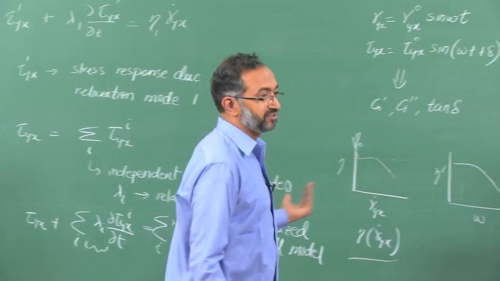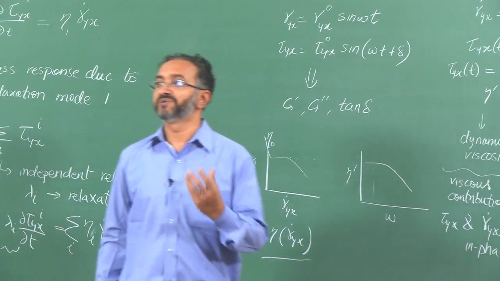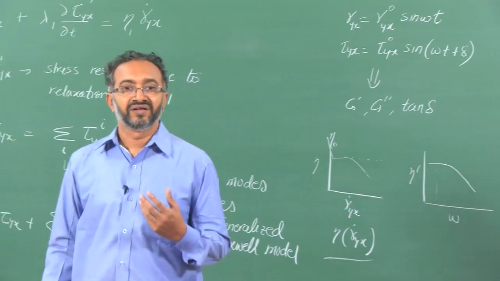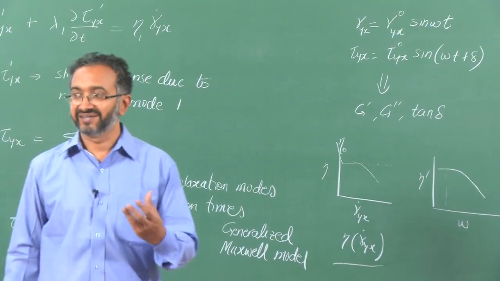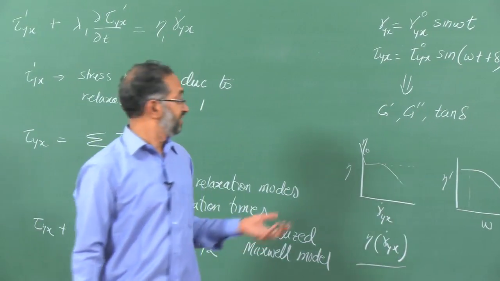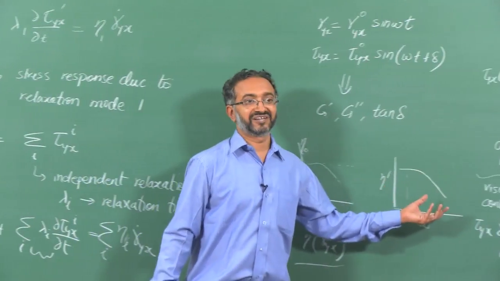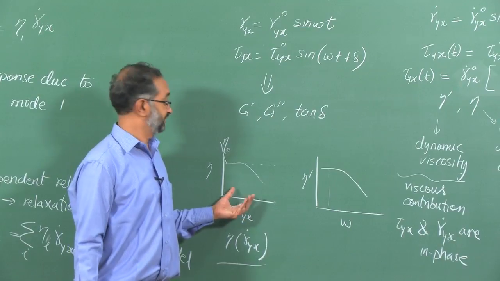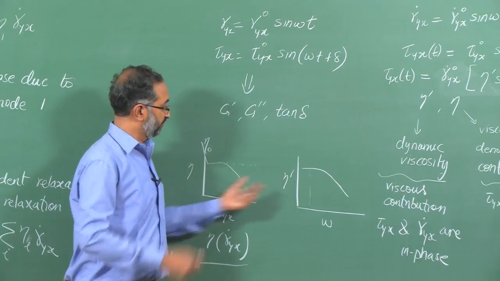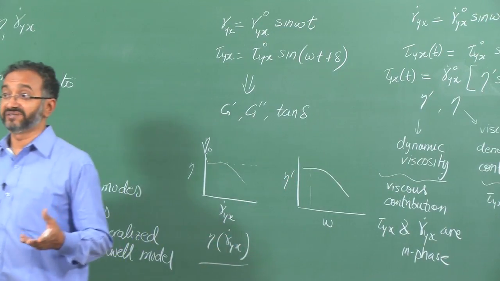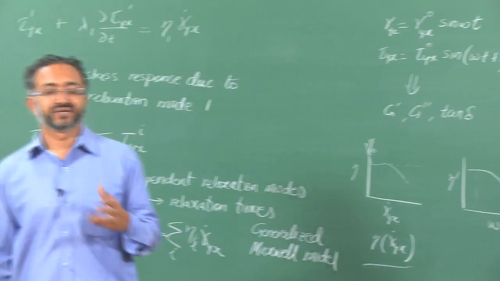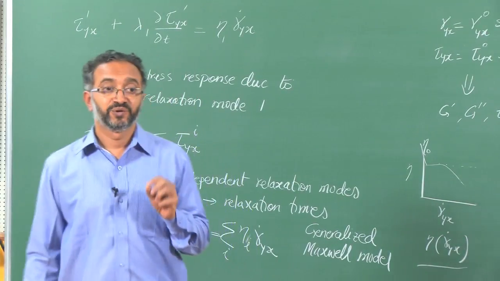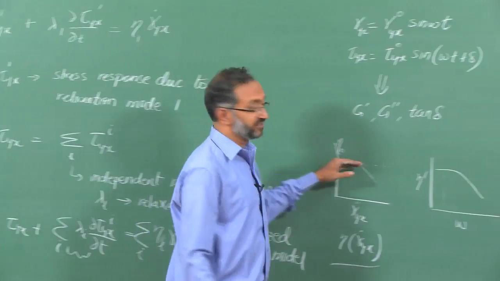So do you think that there might be a correspondence between these two? If a material is shear thinning, let us say, in this you would expect it to be shear thinning here also. Or, for example, one of you was asking about a Boger fluid, which is an example of a fluid which has constant viscosity.